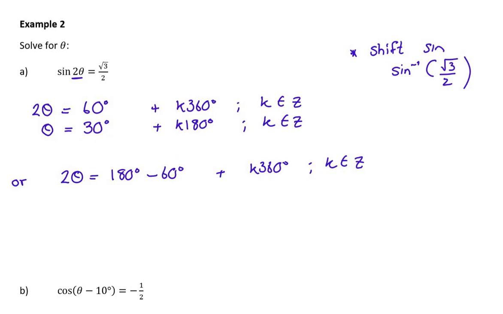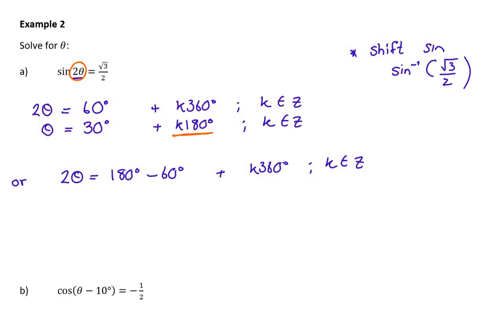Now, why is it plus k 180? Well, algebraically it's k 180 because I divided everything by 2. Mathematically it's 180 because the period of a graph of sine of 2 theta, everything's happening twice as fast if that was a graph. And so the period of that sine graph is now 180. So every angle actually repeats itself every 180 degrees.